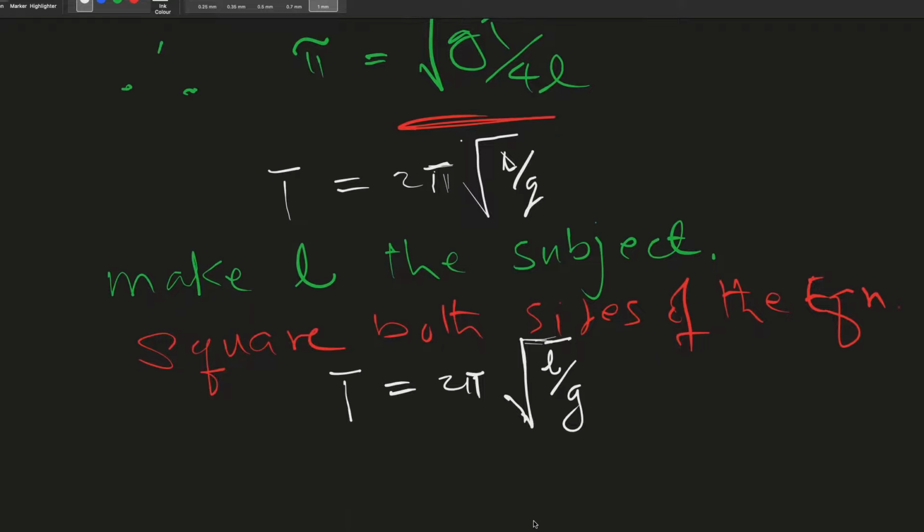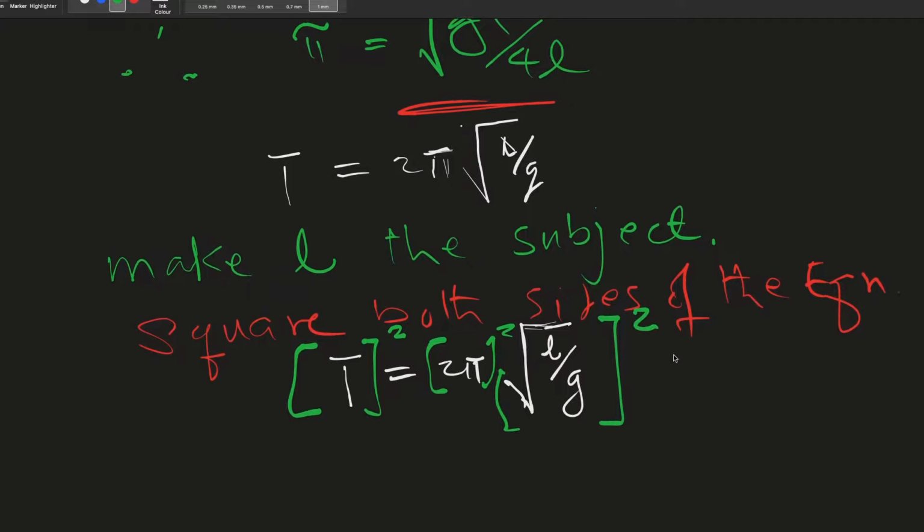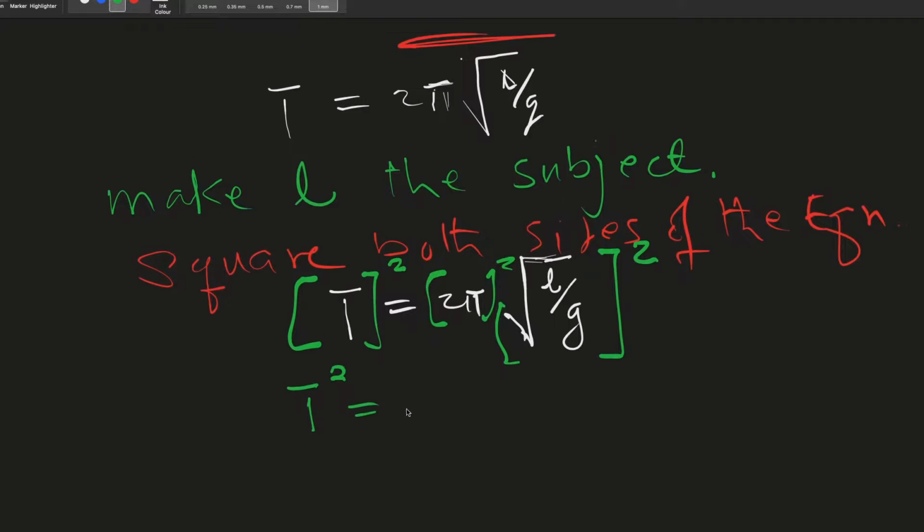So we put T squared, 2 pi squared, and this L over G squared. If we do that, this will become T squared equals to, when we square 2 we get 4, when we square pi we get pi squared, and the square root of L over G means the power half.